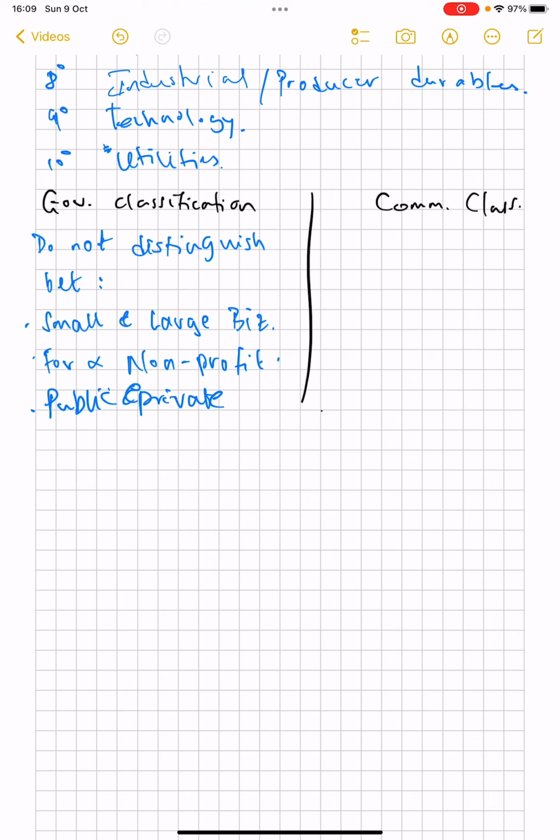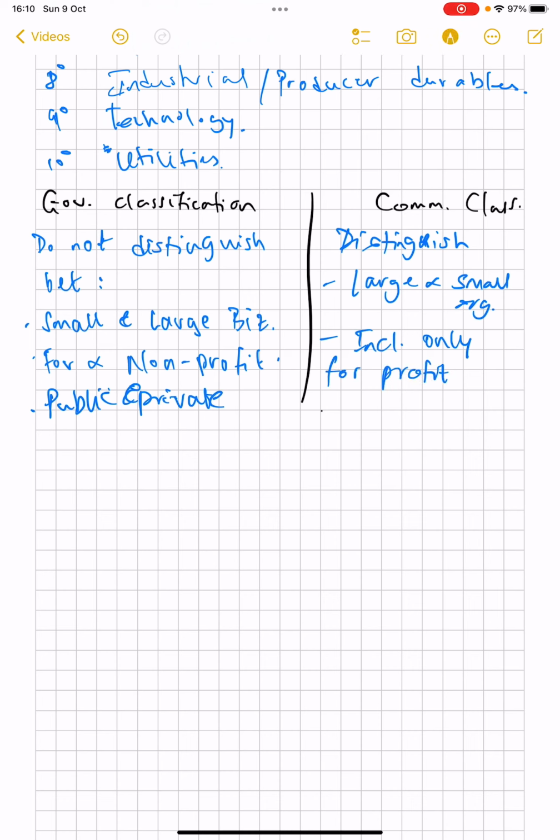Whereas in a commercial classification, there is a distinction between large and small companies, and it includes only for-profit and public companies.